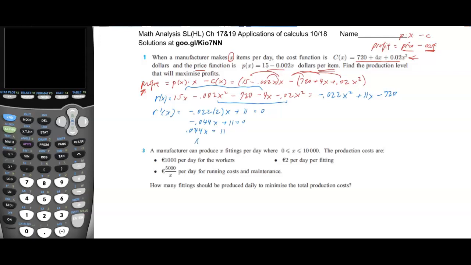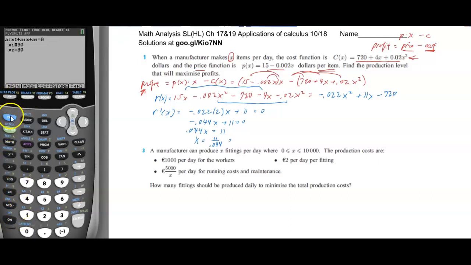So x is equal to 11 divided by 0.044, which, using the calculator, is equal to 250. So 250 items is when the profit is maximized, and the production level means how many you make. X is the number of units, so it's 250 units.